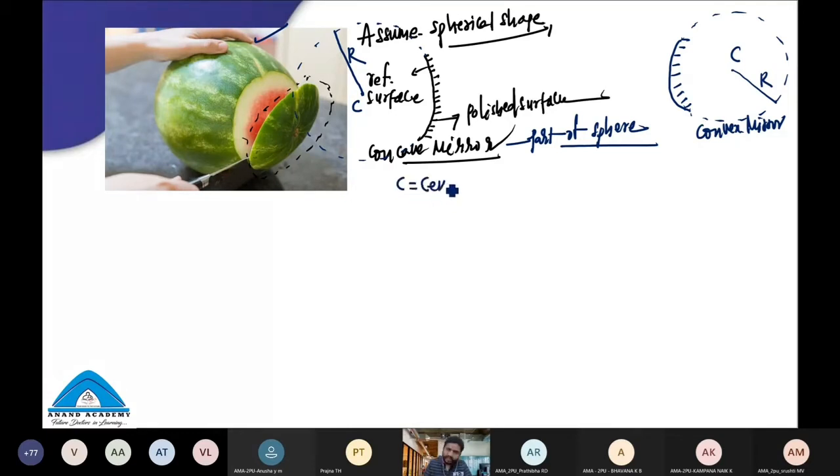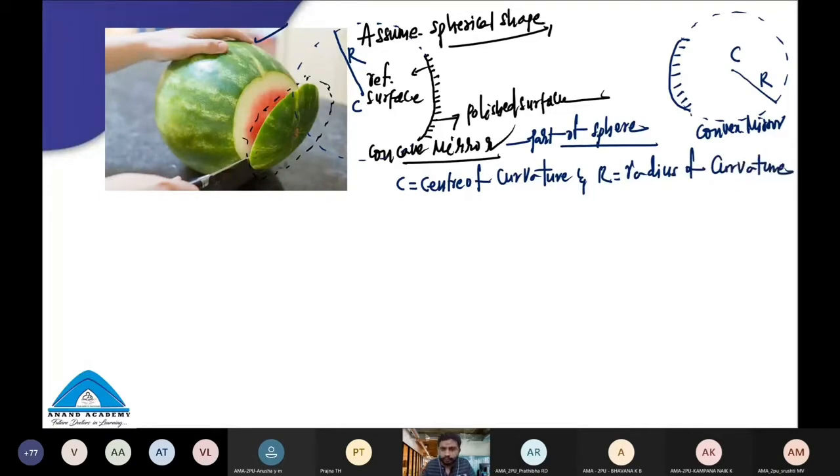So C is center of curvature and R is radius of curvature.